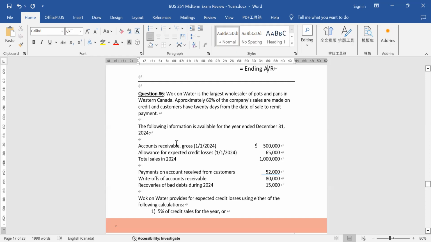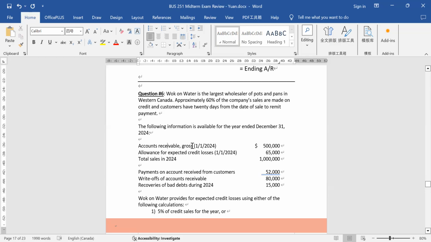So question 6. Work on Water is the largest wholesaler of pots and pans in West Canada. Approximately 60% of the company's sales are made on credit, and customers have 20 days from the date of sale to remit payment. The following information is available for the year end December 31, 2022.